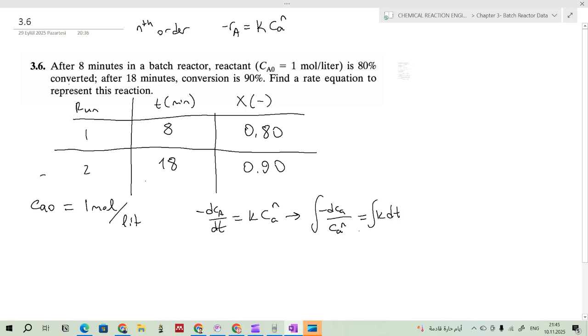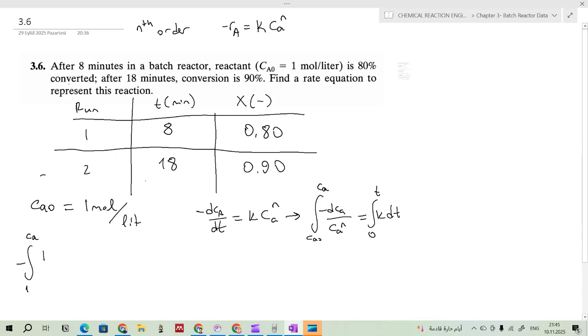We integrate from 0 to time, and from the initial concentration to Ca. We can also show that it's going from 1 to Ca because the initial concentration is given.